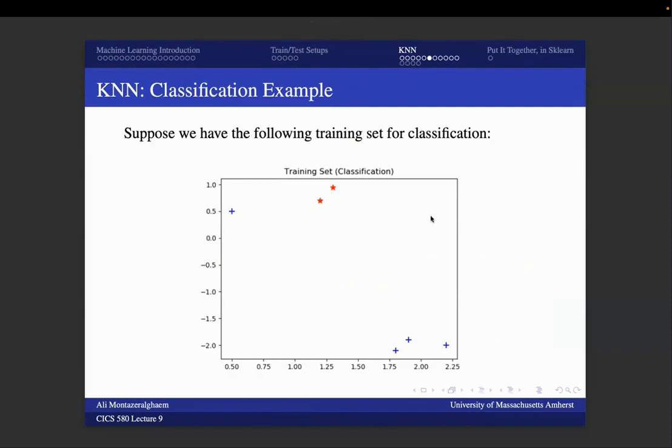So, for example, here we have some data points in the training set, right? The task is classification, and for example, the blue data points are from one class, and then we have a star as a red class, right?